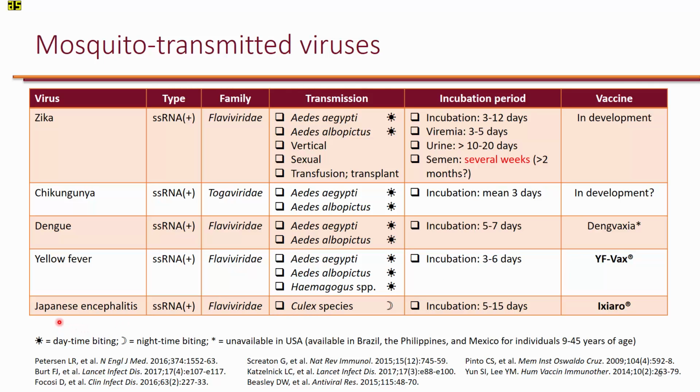Last, we have Japanese encephalitis virus, which is transmitted by the Culex species of mosquitoes, which bite at nighttime. The incubation period is 5 to 15 days, and we do have a vaccine available for Japanese encephalitis virus, called Ixiaro.